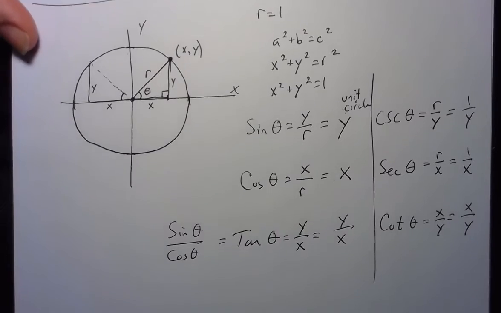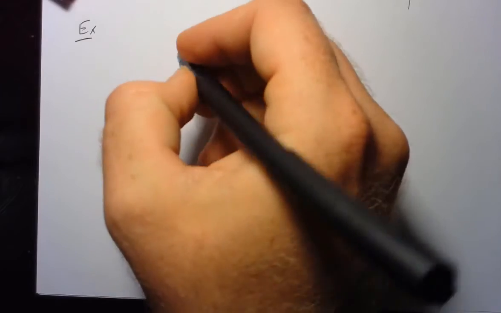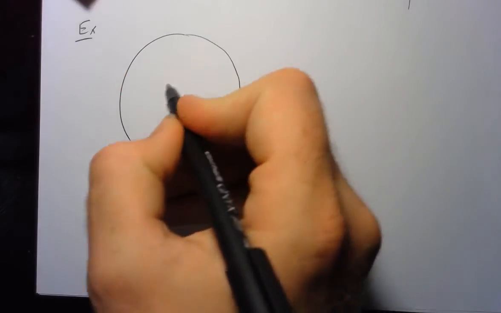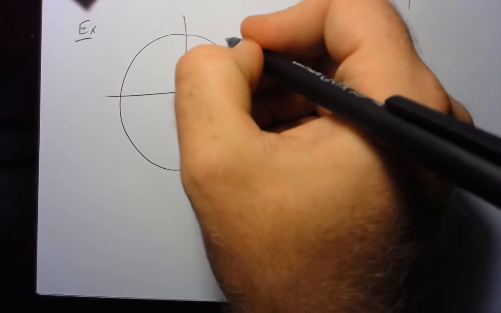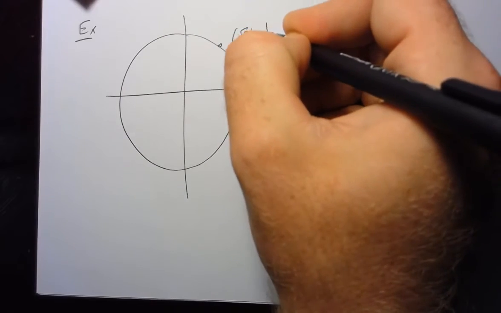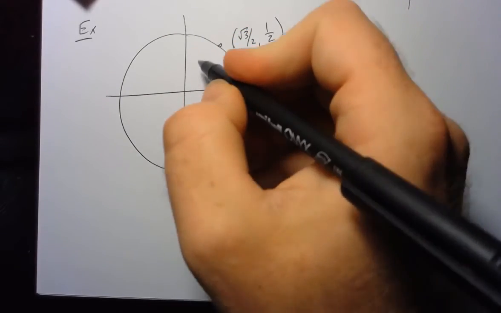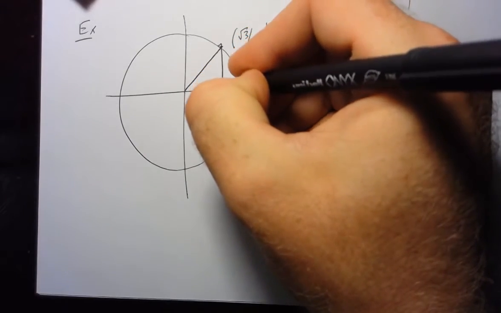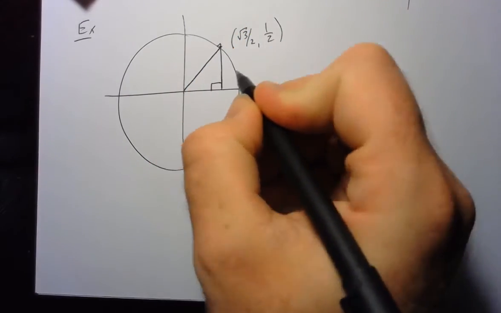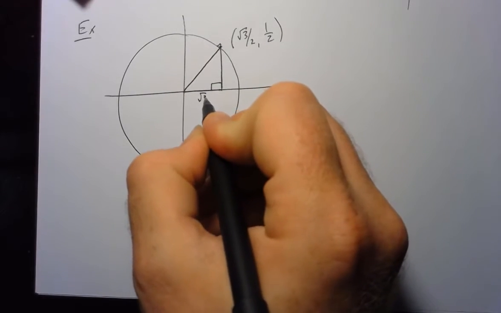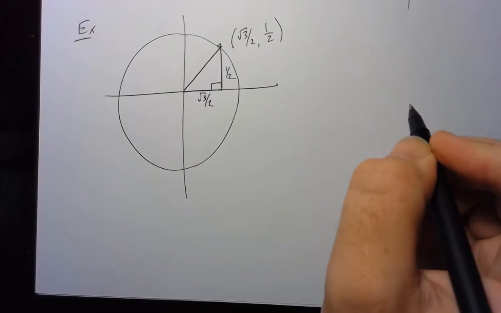So that means if we were to play with a specific type of circle, for instance, if we have a location on a circle such that it has a coordinate point of radical 3 over 2, comma 1/2, if that's the point we're working with, we can go ahead and draw ourselves a radius to that location, drop down a perpendicular, identify that there's a triangle there, and we'll notice that the x value is going to be radical 3 over 2 as well as the y value is going to be 1/2.